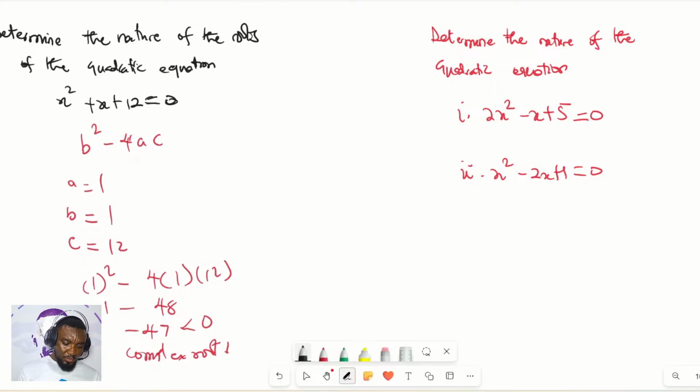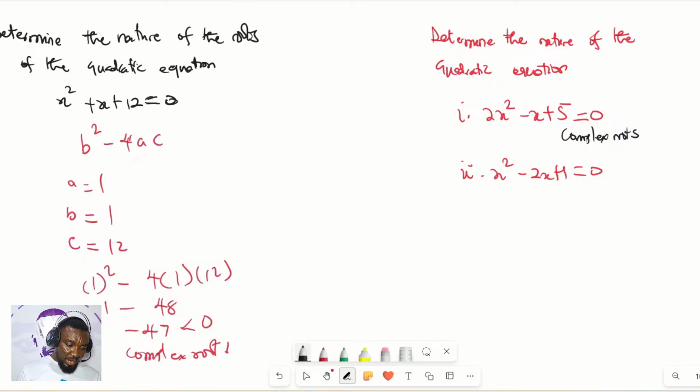Okay, so Nathaniel says I is a complex root. Do you also agree, the others on live, Collins, Prince, Calvin, that the nature of the quadratic equation we have here is a complex root?